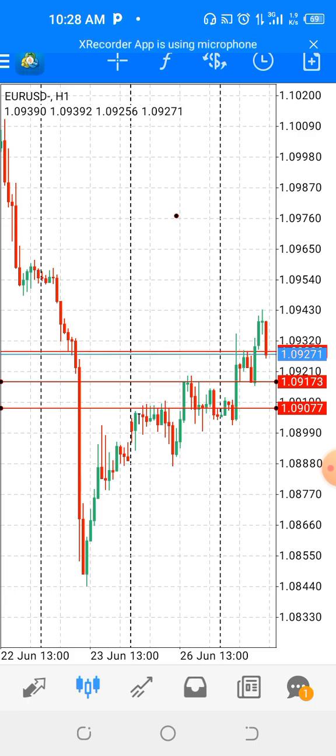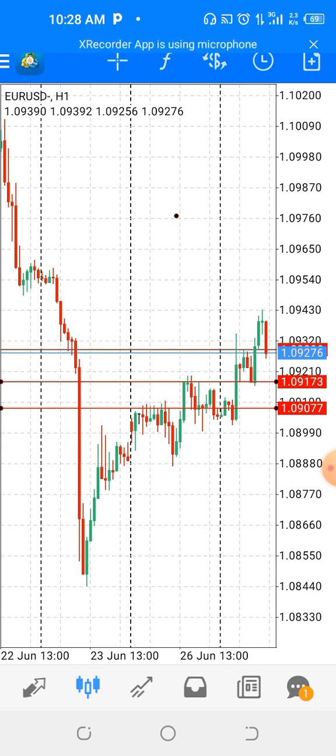Okay, let me leave it here. We are taking our entry price at 1.09173, and we want to take our profit at 1.09077. So how do we calculate the pip here?